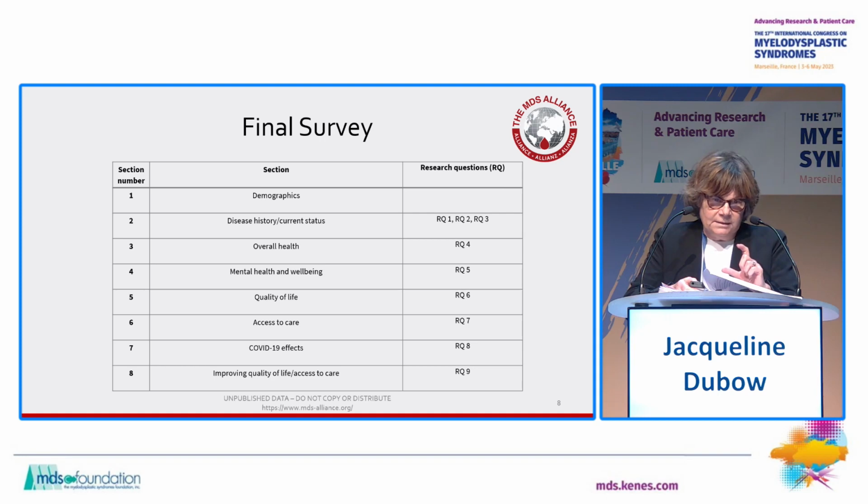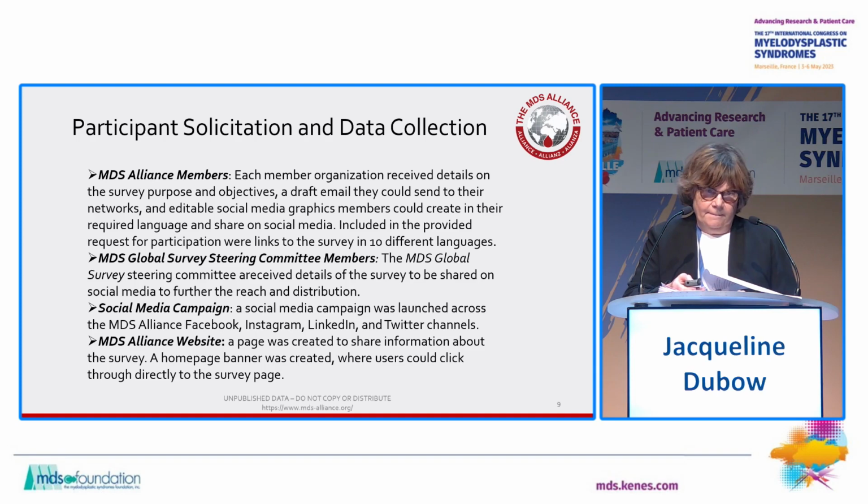First, demographics, then disease history, the current status of the patient, what was the overall health of the patients, mental health and well-being, of course, quality of life. For the quality of life, we used the QALMS that was translated in 10 languages, if I'm correct. Then access to care, effect of the COVID, and improving quality of life and access to care.